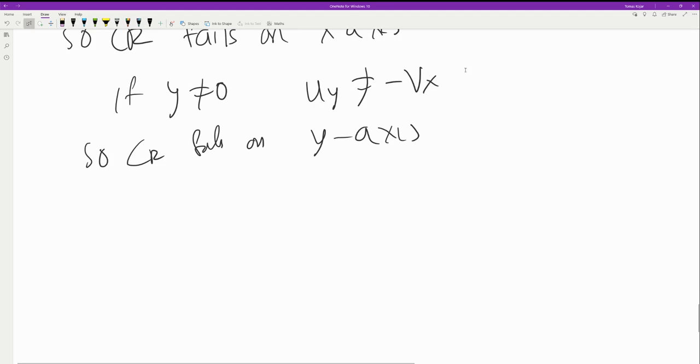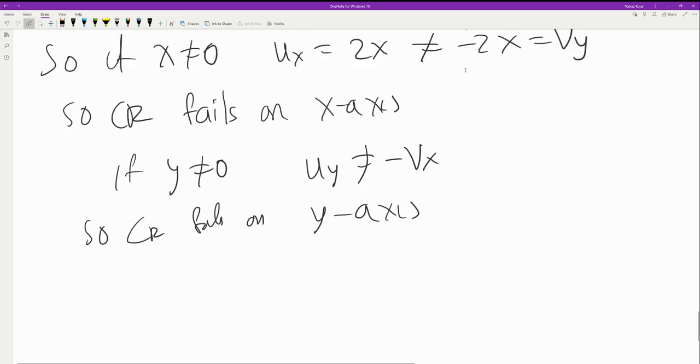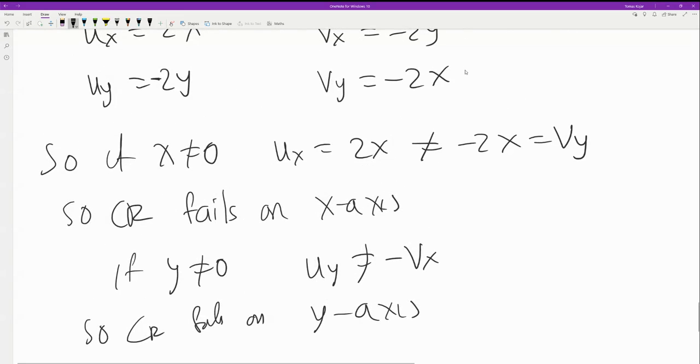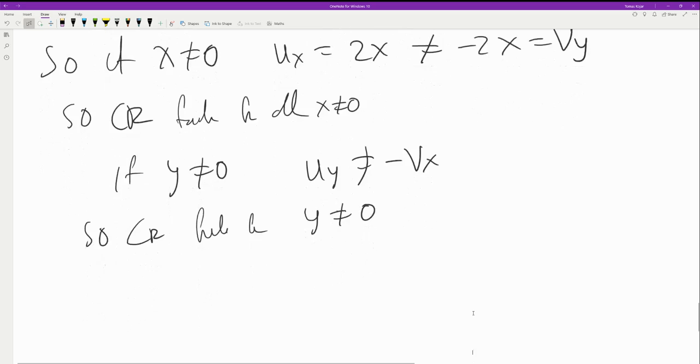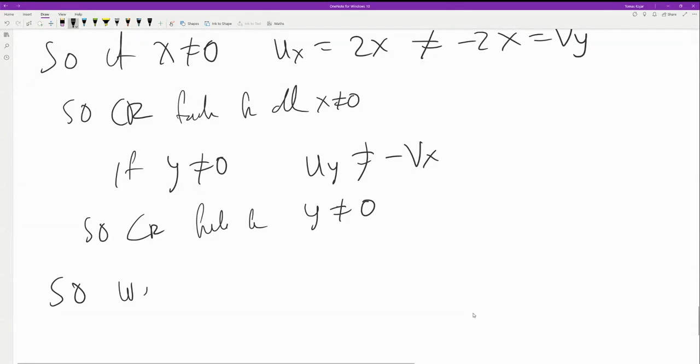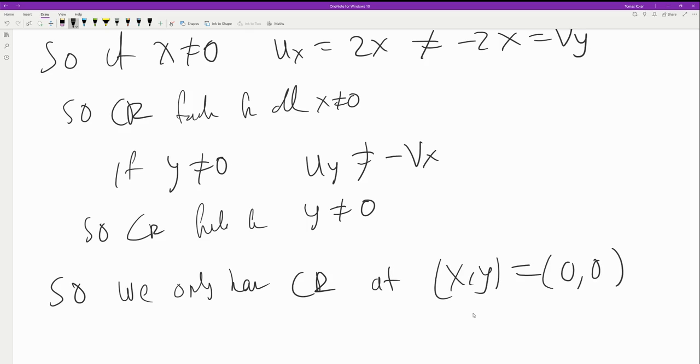So CR fails for all x not 0, for all y not 0. So we only have CR at x comma y equal to 0, 0.